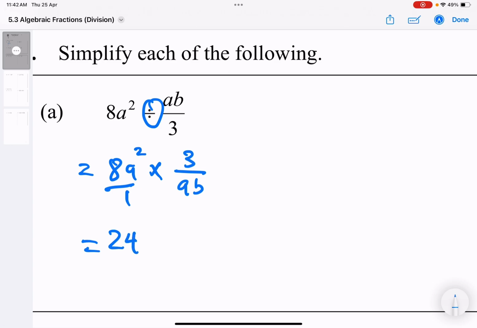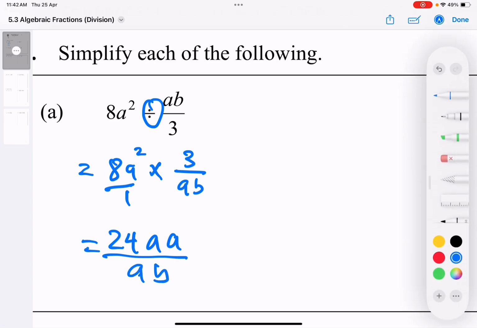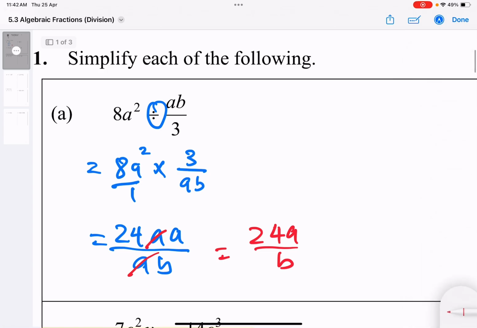Then I'm going to write down what is a squared. A squared is just a times a. The bottom is just a times b. So I can just cancel. So my final answer is 24a over b. That's all. Can you please make sure you know how to do this one?